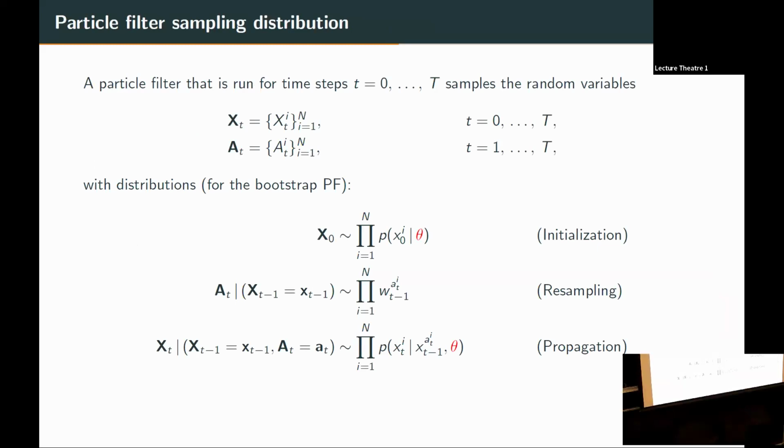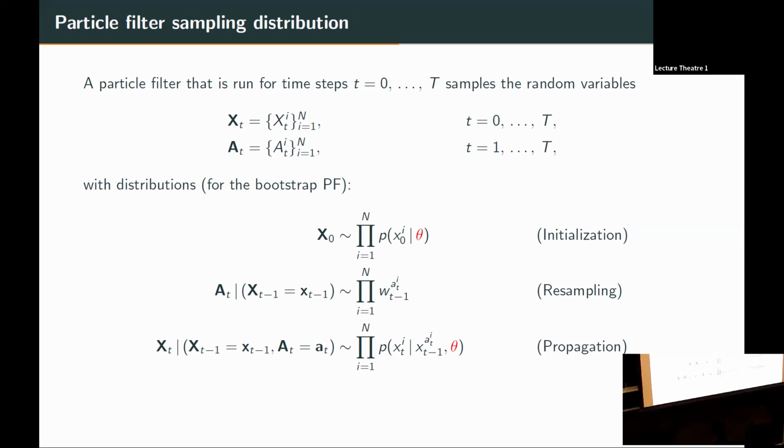To make this even more explicit, we can introduce this notation here, which is the bold x's and the bold a's, and these are simply the collection of all the particles that we generate at time t. So generate n particles, then bold x equals the collection of all of those n particles. And similarly for the ancestor indices.